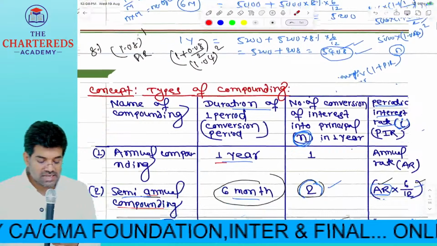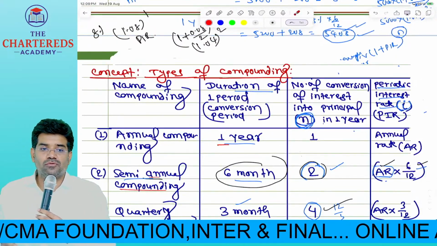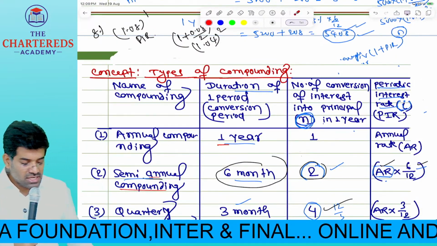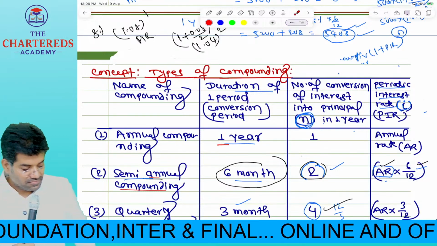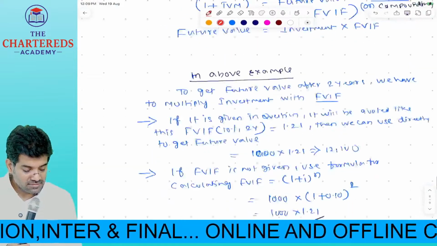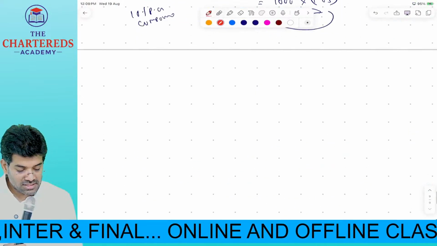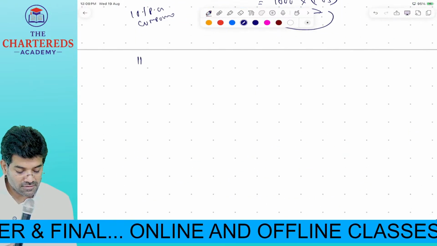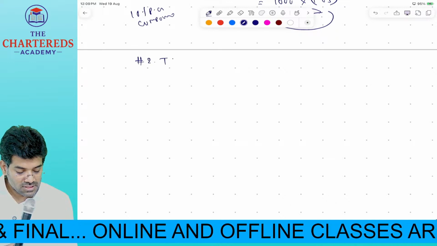Now let's understand what is the change in our formula. See here. Next thing is types of compounding.